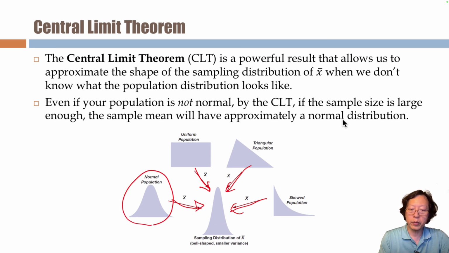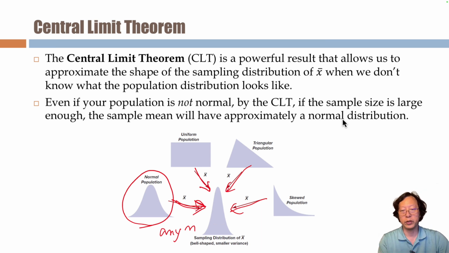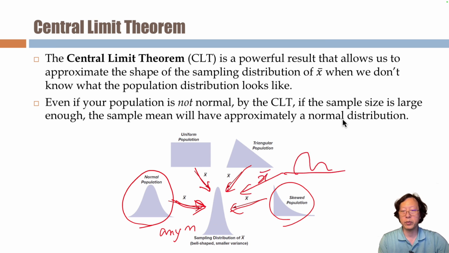But if the original population was a normal distribution, any n will be fine. Any n, x bar will be a normal distribution. However, if we have a skewed or some weird distribution, x bar will be normal, but it needs more samples. So the rule of thumb is n greater than or equal to 30.